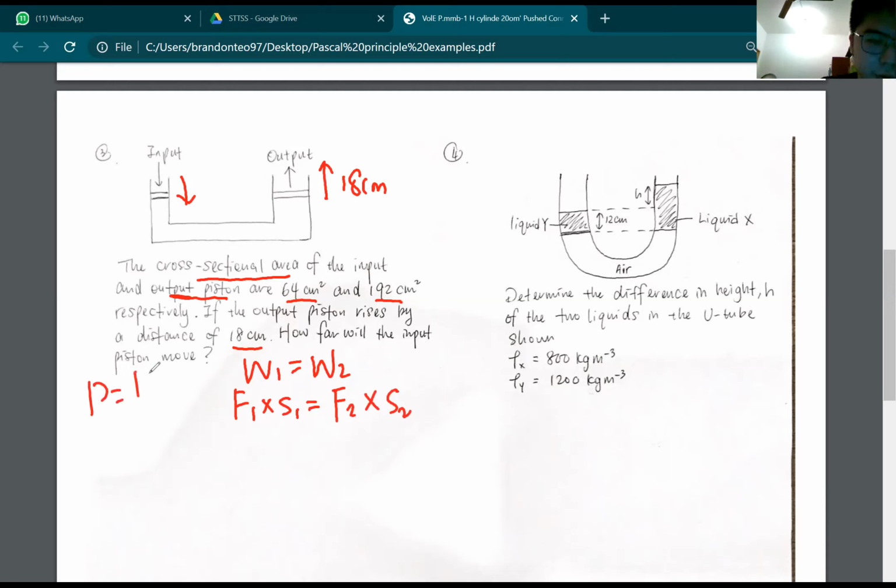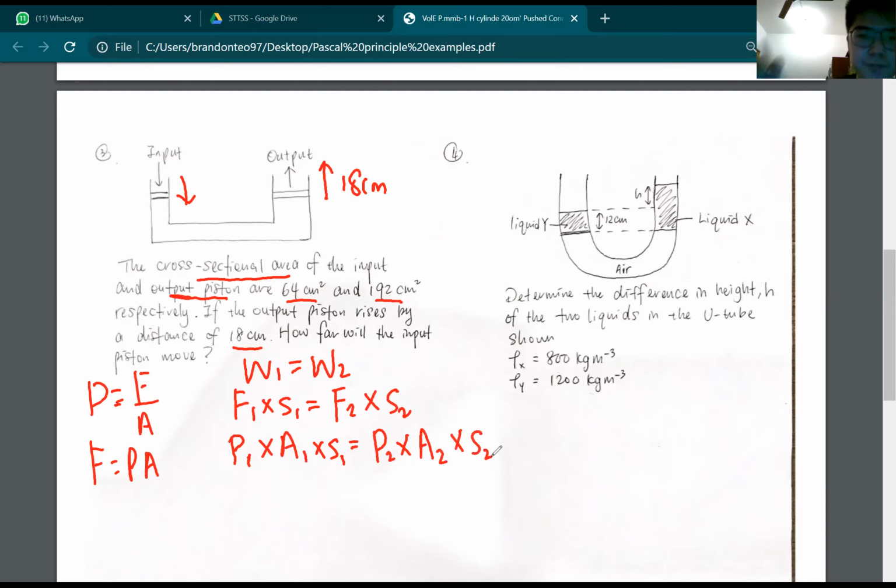Pressure equals to F over area, right? So F equals to pressure times area. So pressure 1 times area 1 times S1 equals to pressure 2 times area 2 times S2.